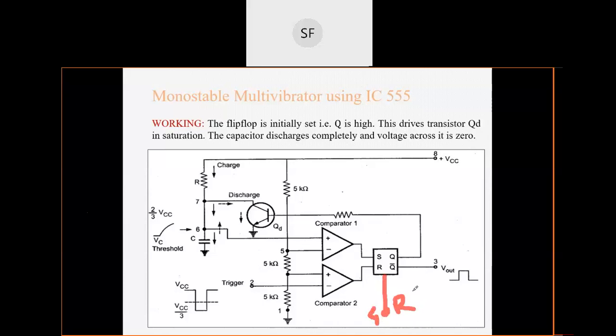It is not shown here because while explaining the working, there is no need to study the reset pin. What is the function of the reset pin? At any moment of time, if you want to terminate the working of this IC555, then you can use the reset pin.